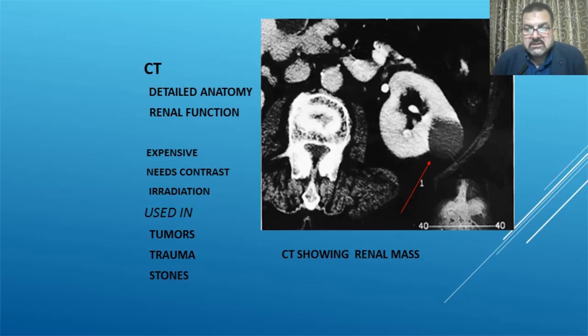For this reason, we prefer these days to do CT scan instead of IVP. But the problem is it is expensive, needs contrast, there is exposure to radiation, but it is great for diagnosing tumors, trauma, or stones.